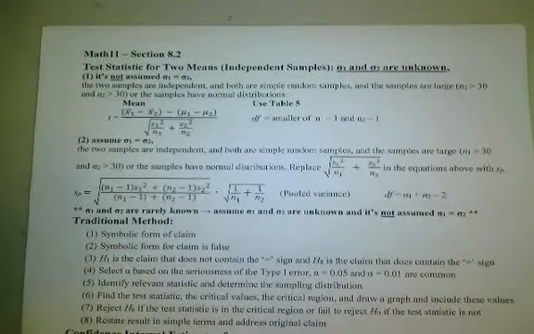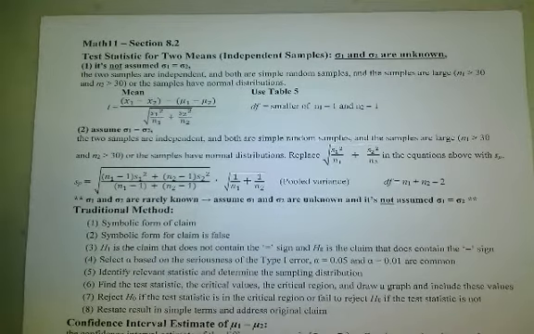Alright, so just like the last section, same steps. The only thing that's changed is what's the test statistic equation, and because we don't know sigma, we're going to do t-scores instead of z-scores. In the traditional method, last time we compared two z-scores, this time we're going to compare two t-scores.